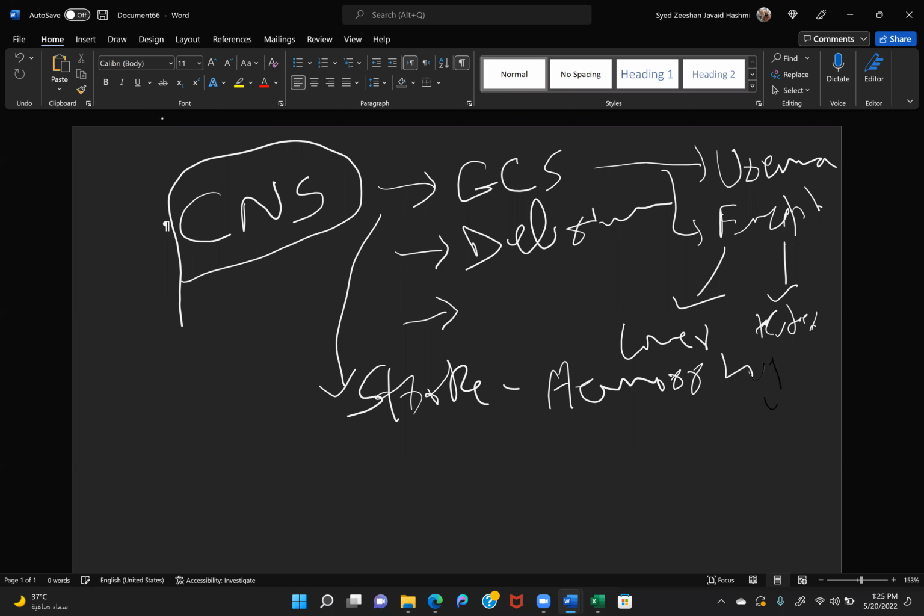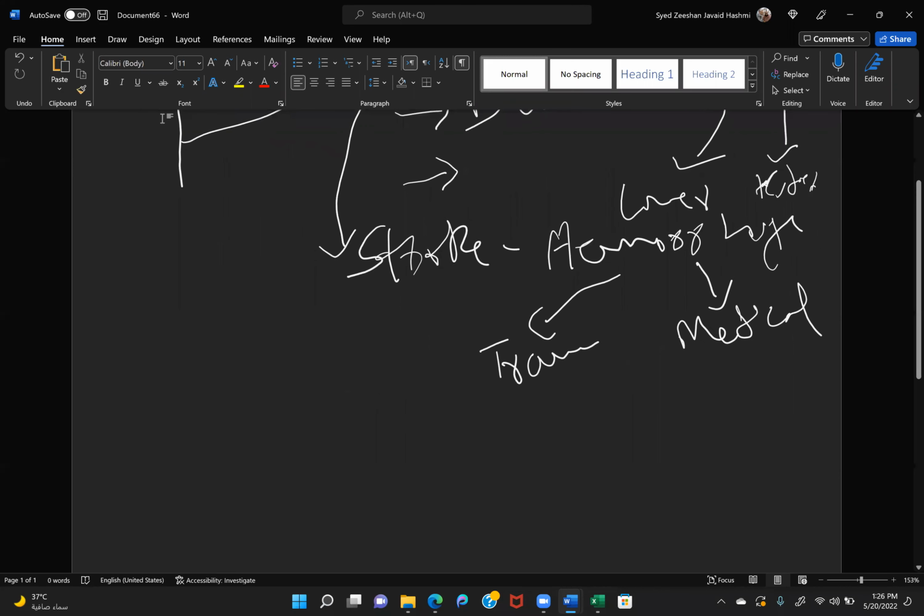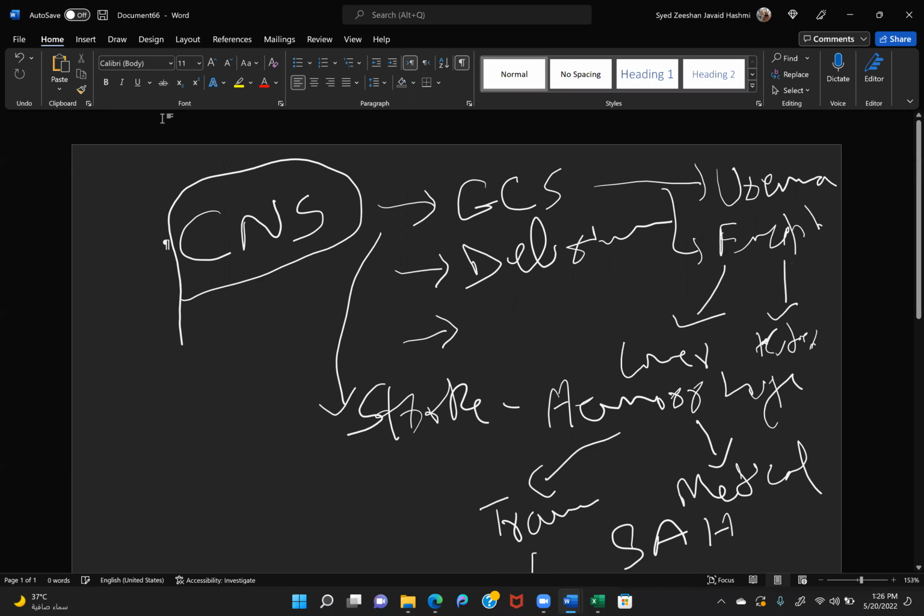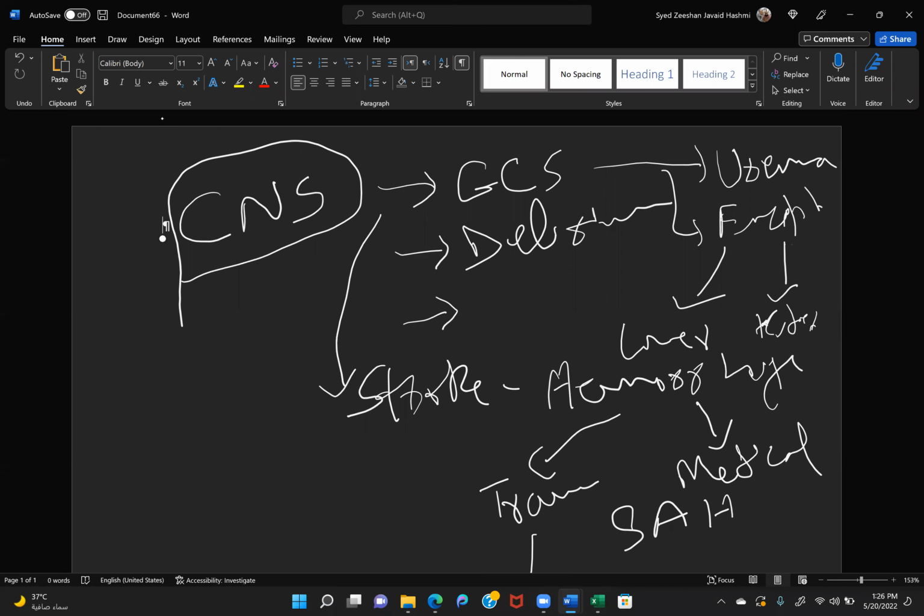Hemorrhage may follow a trauma or a medical condition, like subarachnoid hemorrhage or any other hemorrhage. What else? Some neurological deficit.